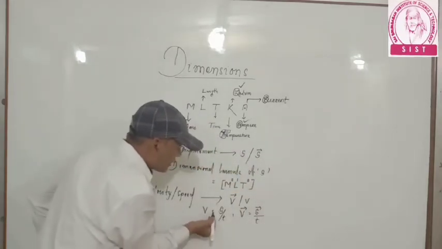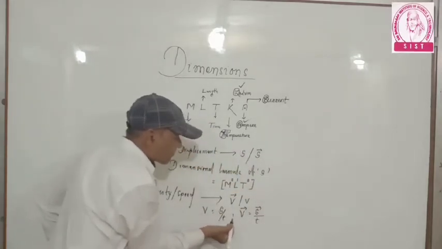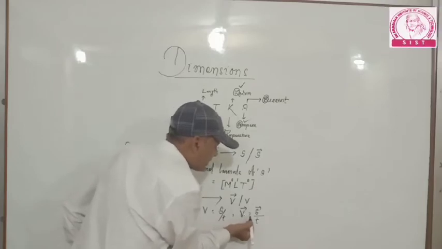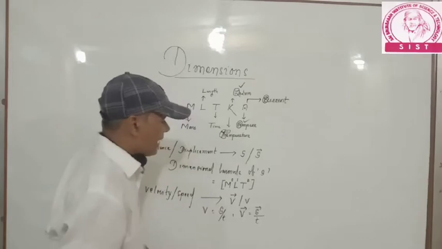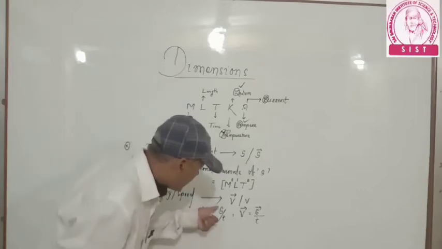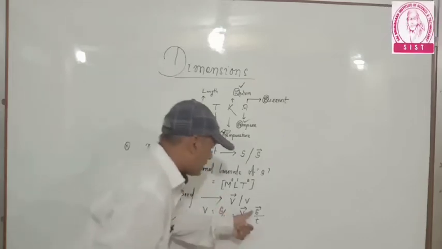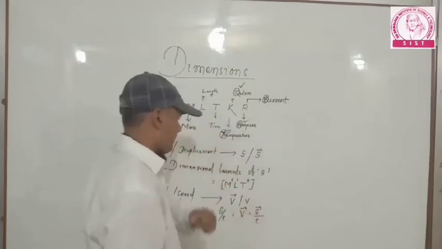Speed is equal to distance by time. Velocity is equal to displacement by time. Whatever it may be, here you see it is length by time. It is also length by time.